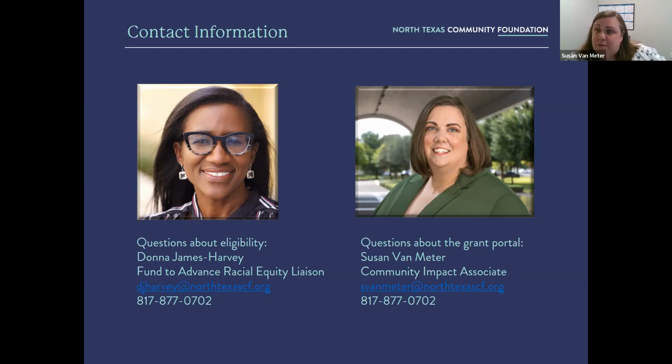You are only able to submit applications to the grant portal, and all applications have a deadline by 5 p.m. And just to be mindful that even though your computer clock might read 4:59, when you push submit, if the grant portal did not pick it up until 5 o'clock, it will be denied and seen as a late entry and not accepted. So just as a side note, make sure that you are submitting a little bit before that time frame, just to make sure that it is submitted on time.